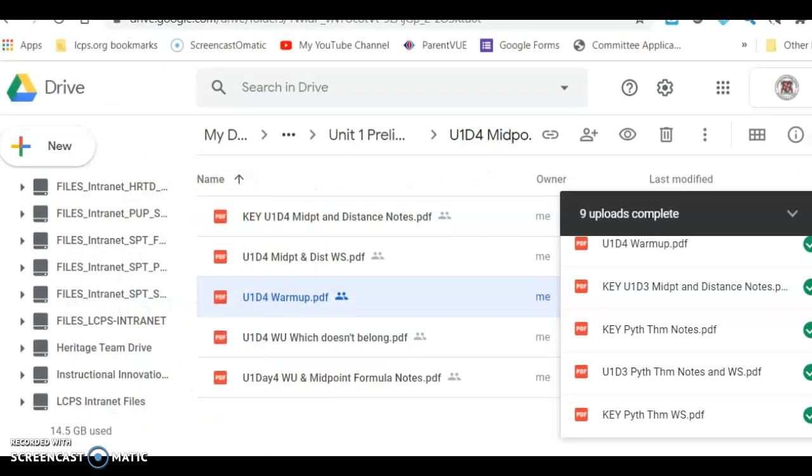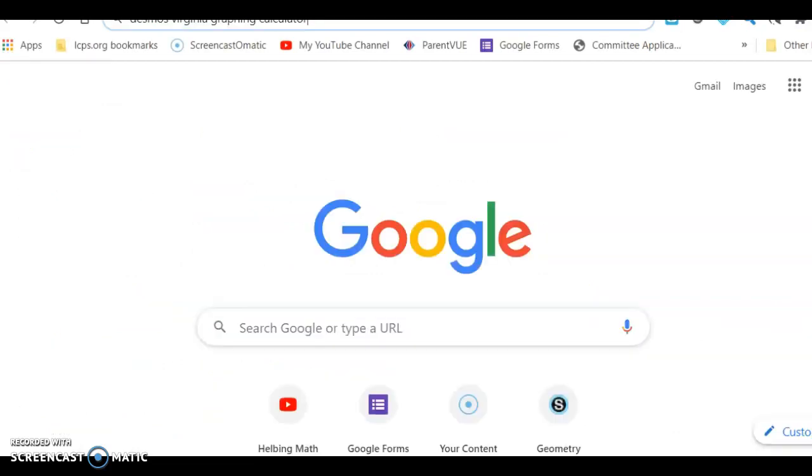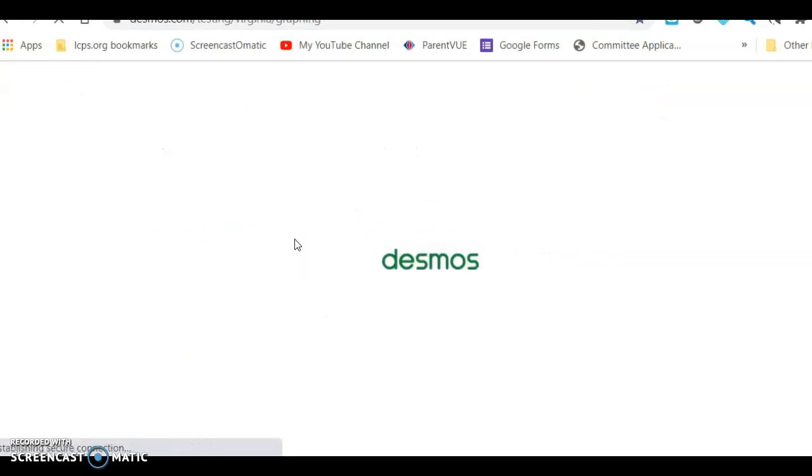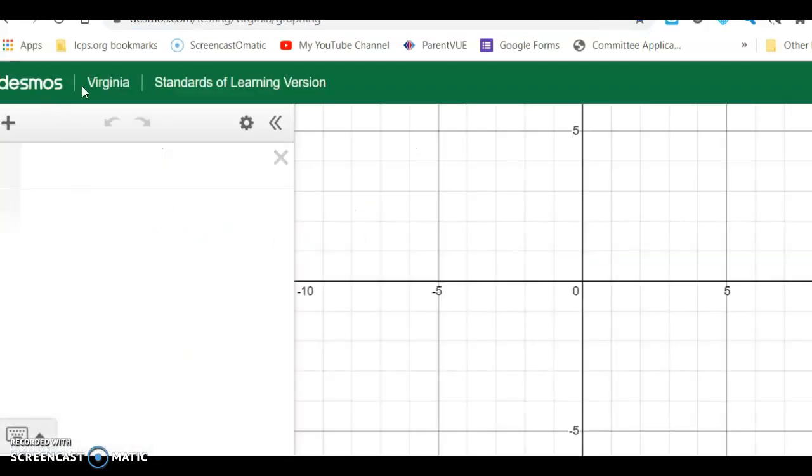Okay, so if you come over to the tab and you type in Desmos Virginia Graphing Calculator, it's the first one that comes up. And you want to make sure that this banner is green and it says Virginia there.